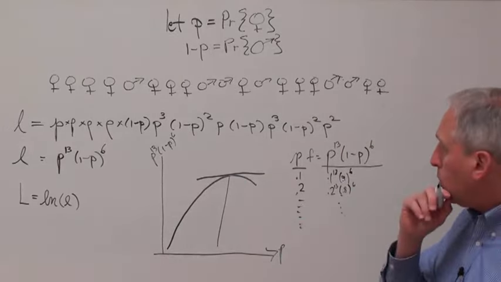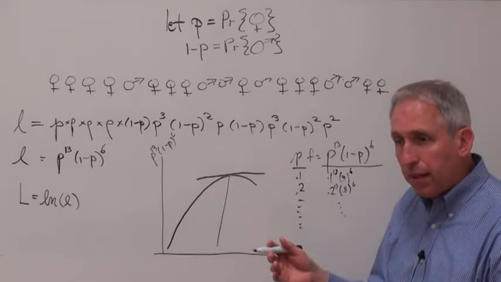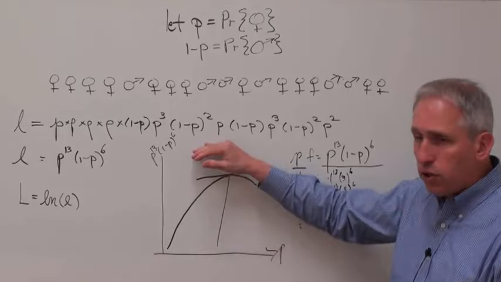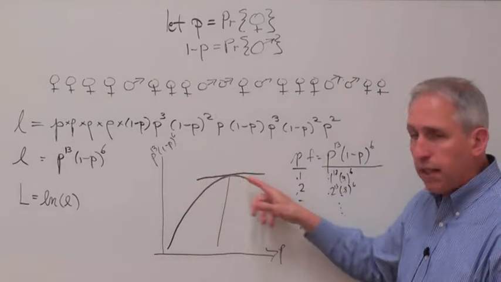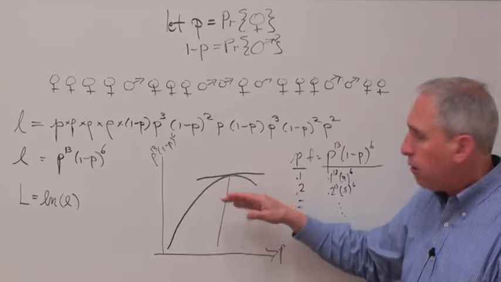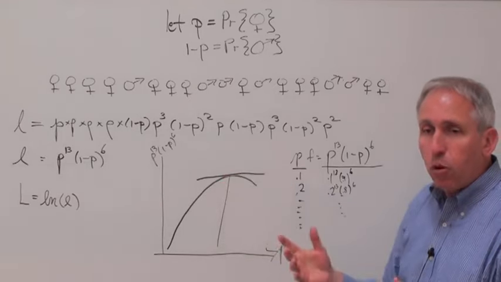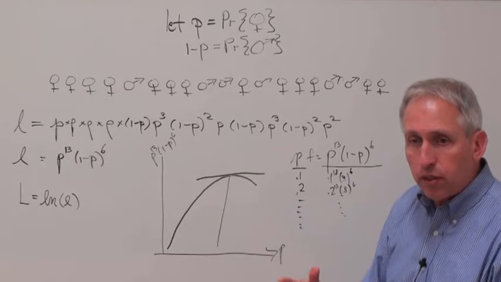So in general, this is the idea behind maximum likelihood: you form a likelihood function, and either by taking derivatives or by trial and error with different values of p, you find which value of p maximizes this function, and that's the most likely value of p.